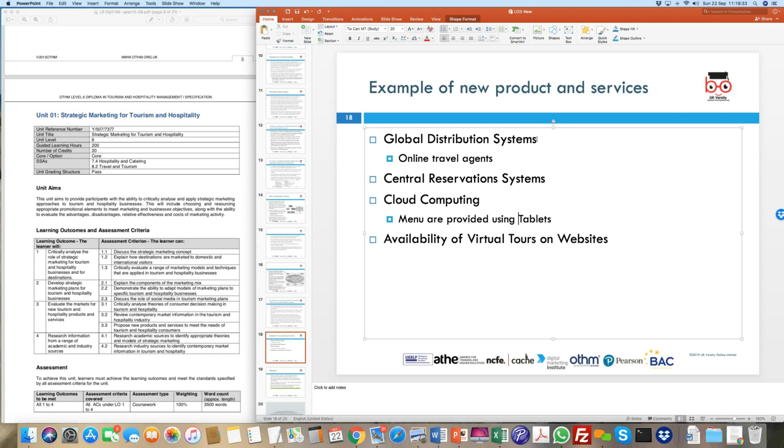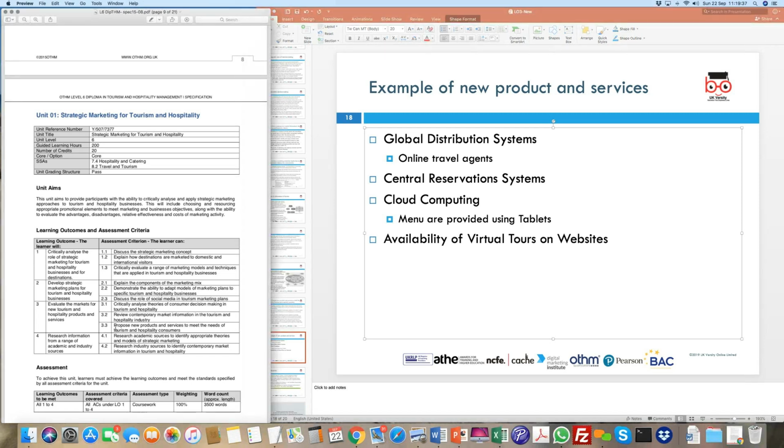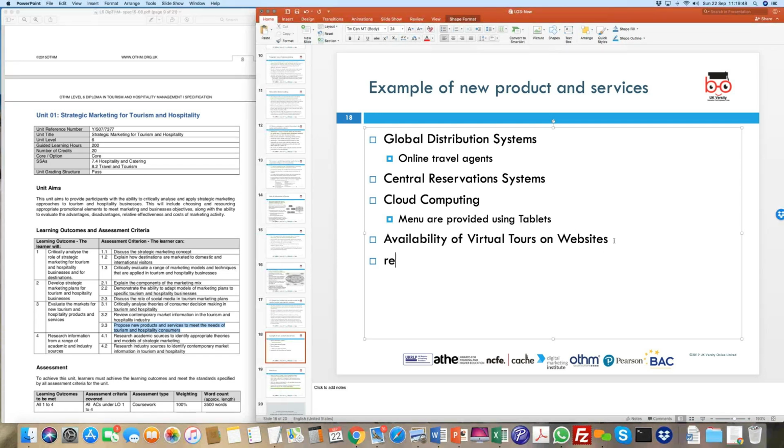So maybe pick up one such example, and that is what you'll need to explain in order to do this particular task, which says propose new products or services to meet the needs of tourism and hospitality consumers. If I look at restaurants today, some have introduced a vegan menu.